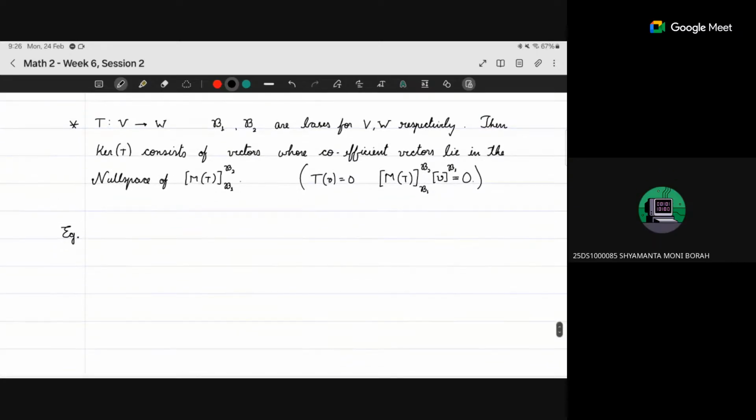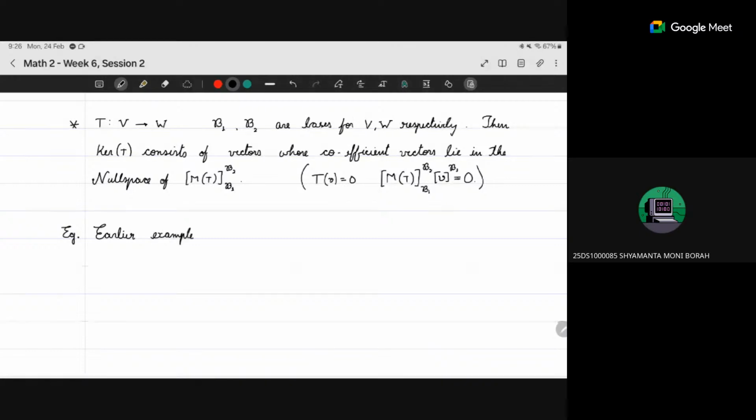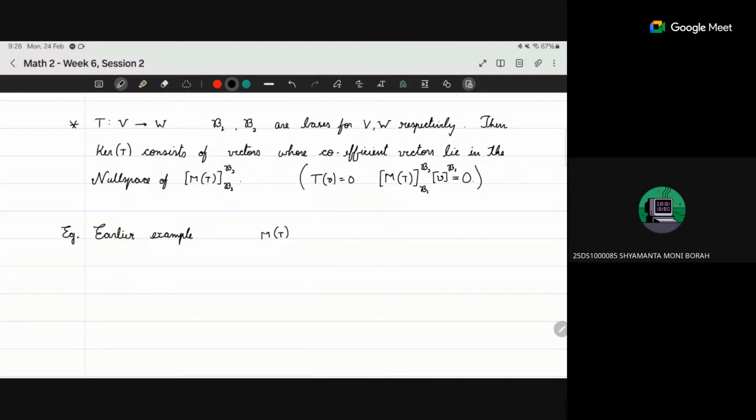So let's take the earlier example. The matrix of the transformation with respect to whatever basis was given at that time. I'm not going to specify that. It was something like -3, 6, 2, and -1.5, 4.5, 2.5.